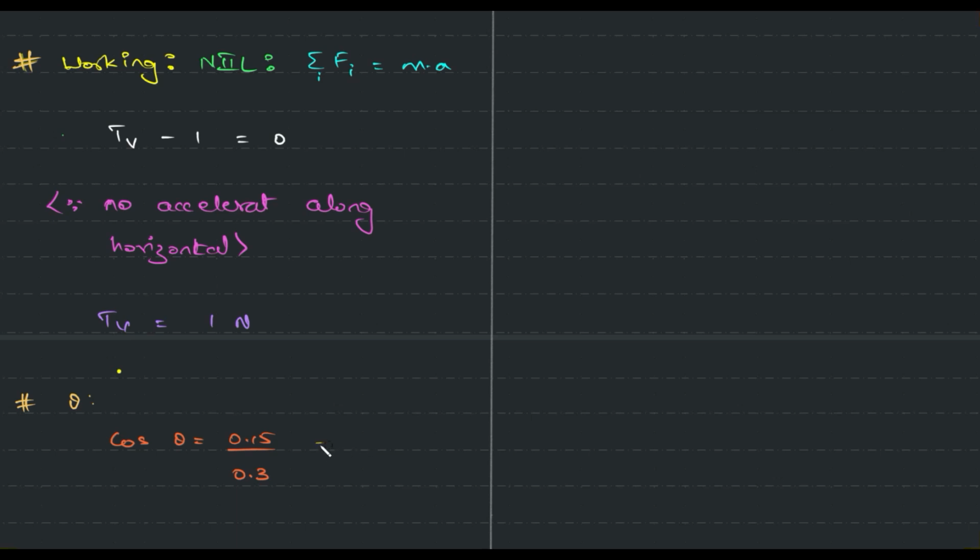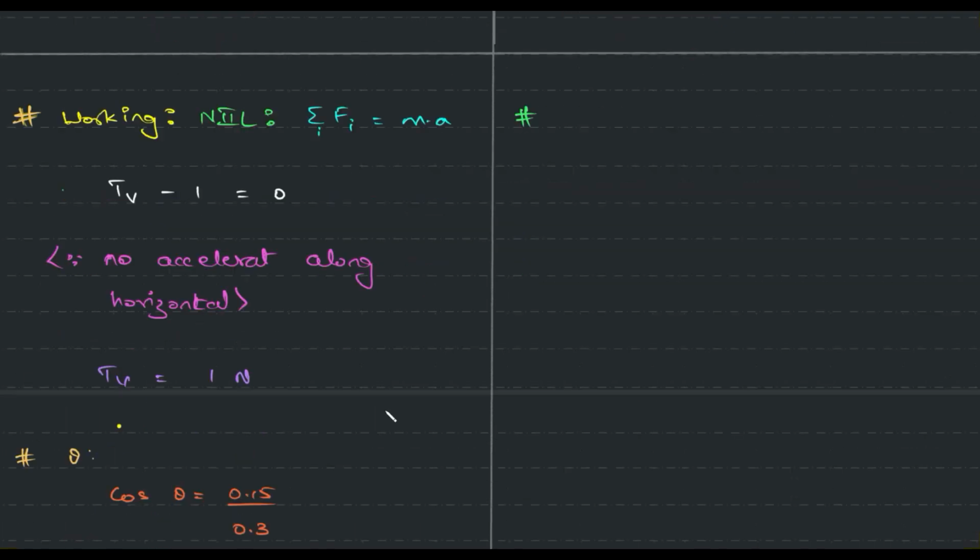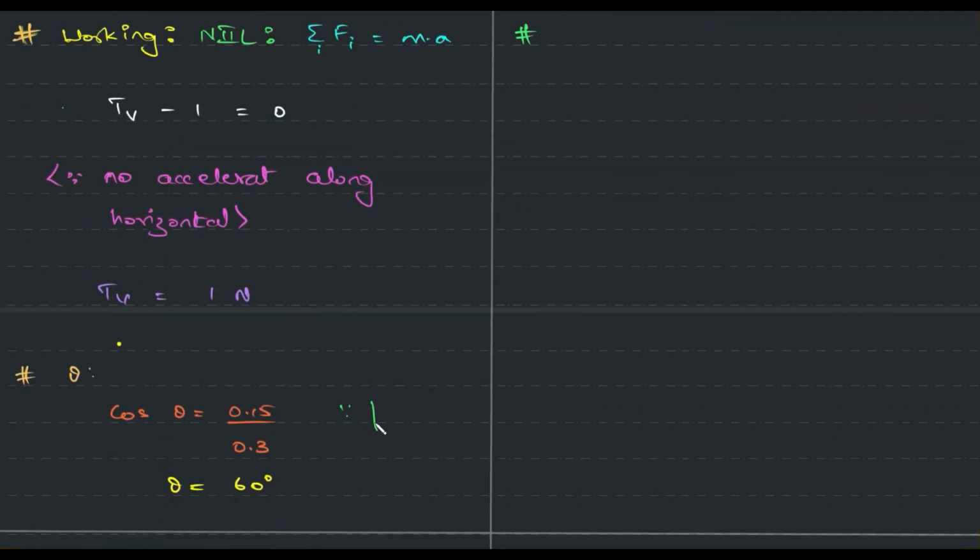So cos theta is equal to half, which is 60 degree, right? So with that in hand, we have to figure out. So this is from figure 1. This is figure 2. This is from figure 1.